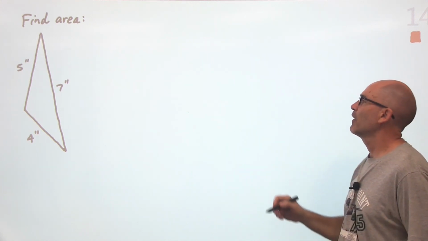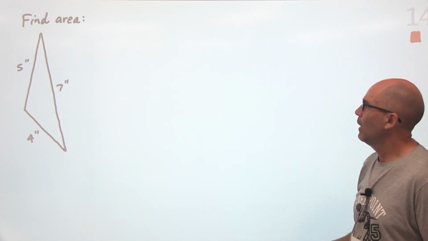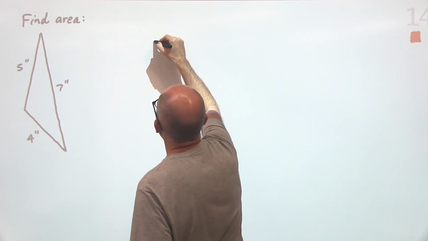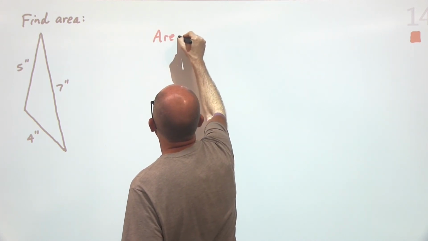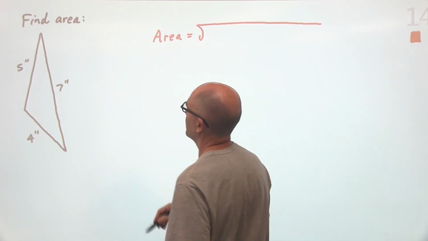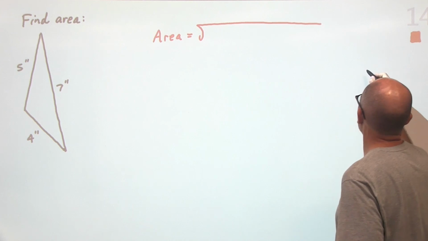Now we have 3 sides. What are we going to do about that? We need Heron's formula. So what we do is we go area equals the square root of some stuff. Well, we need S first of all. So let's just go over here.